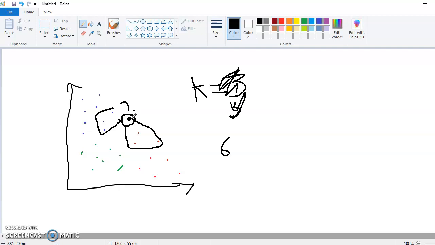And yeah, that's right. So this K value cannot be an even number. It has to be an odd number because this dot has to belong to either a blue majority, a red majority, or we have over here our green majority. And these things all just represent classes. Classification of classes.